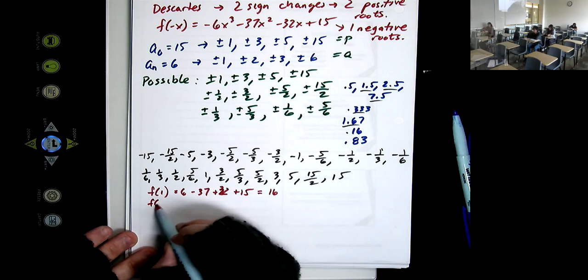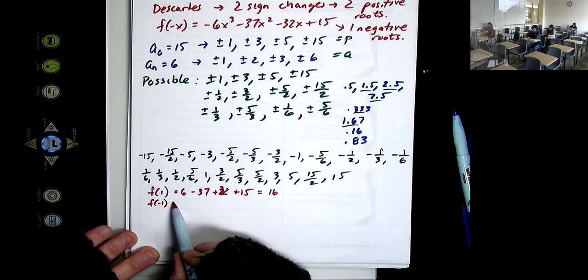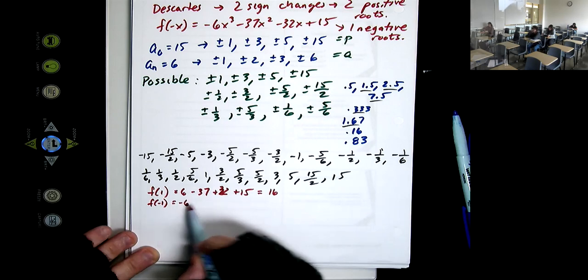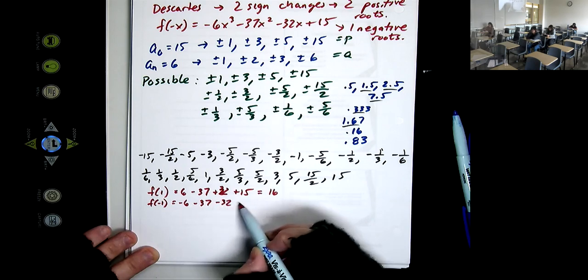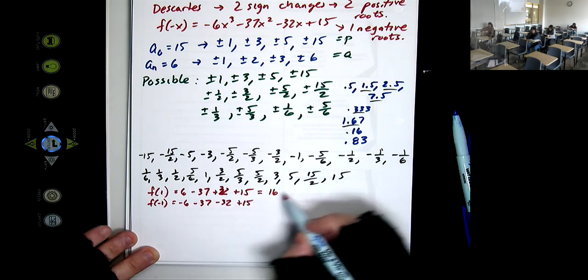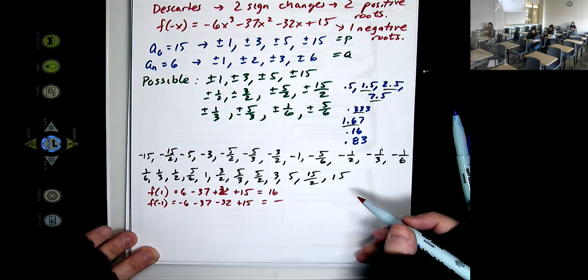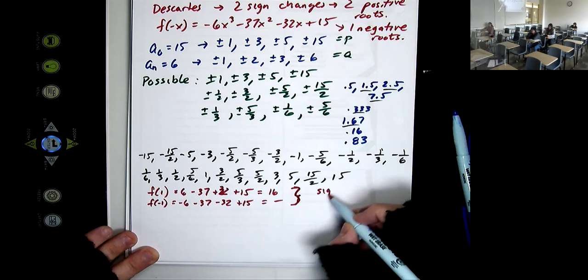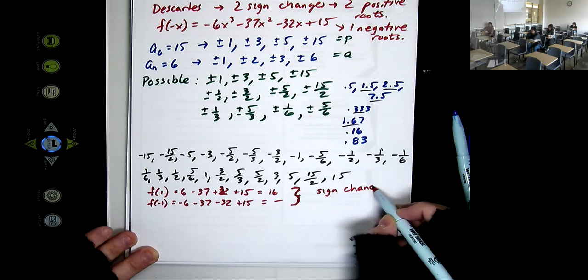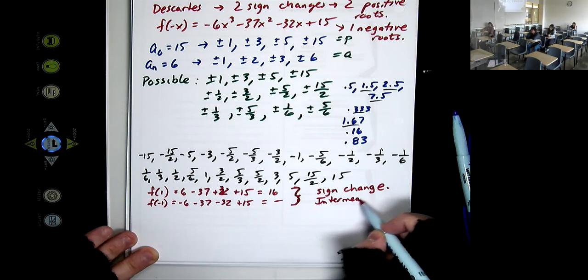If I do f of -1, I've got -6 minus 37 minus 32 plus 15. This is negative something. I have a sign change between these two. The intermediate value theorem tells me there is a root between them.